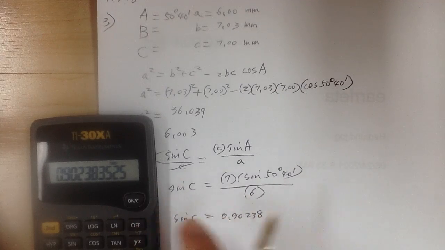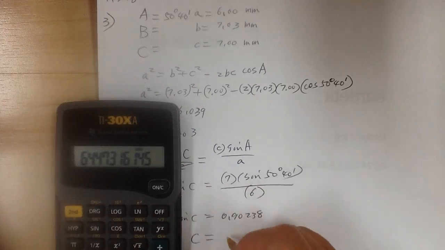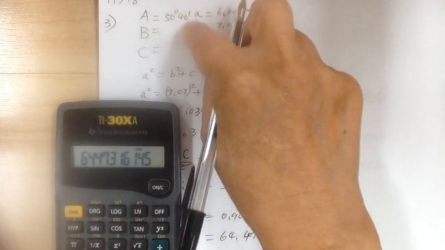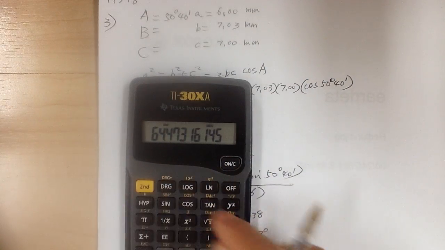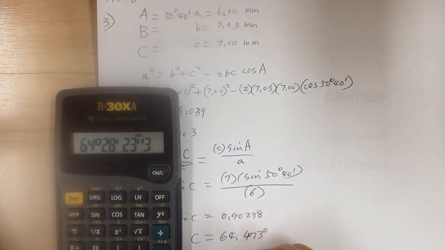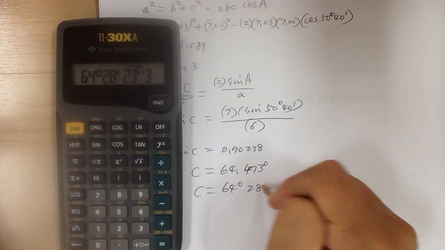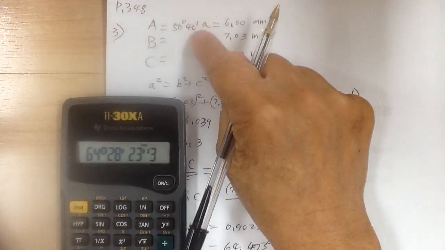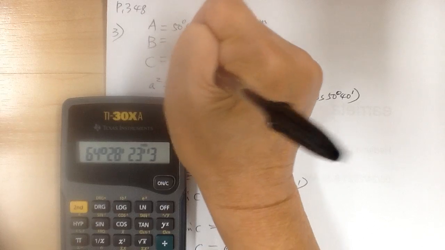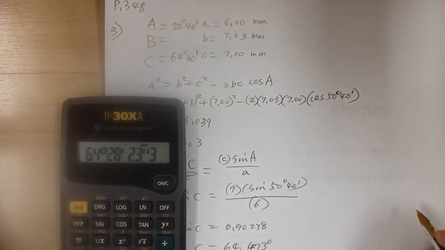So angle C would be the inverse sine, which is 64.473 degrees. Then I convert into degrees and minutes: C equals 64 degrees and 28 minutes. Since we're rounding to the nearest 10, I'll round to 64 degrees and 30 minutes.